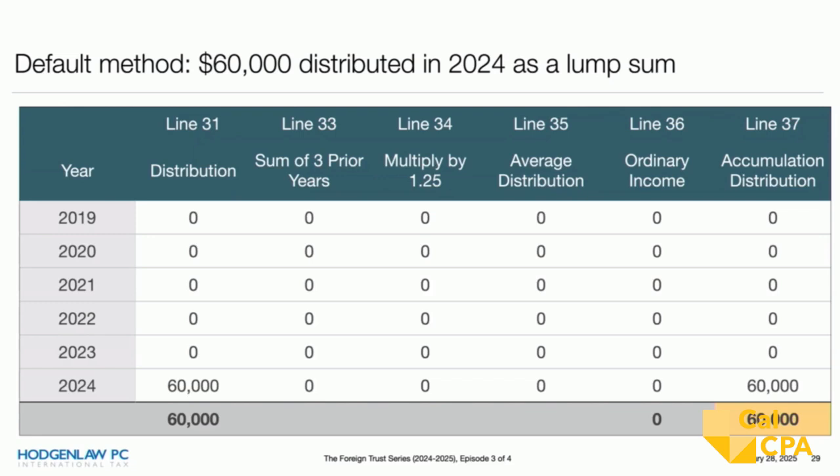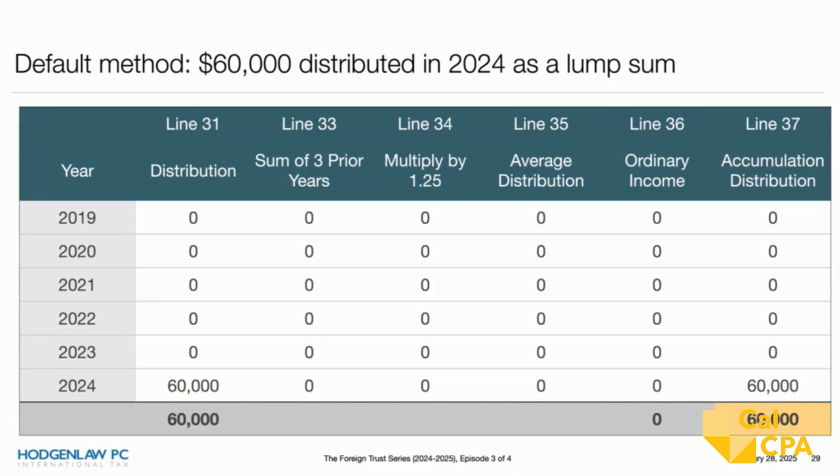The sum of the 3 years prior distributions, there were none, so it's zero. 125% of zero is zero. And the divide by 3 in line 35, 1/3 of zero is zero. So how much of that is going to be ordinary income? Below the threshold of zero is zero, and above the threshold of zero is 60,000.